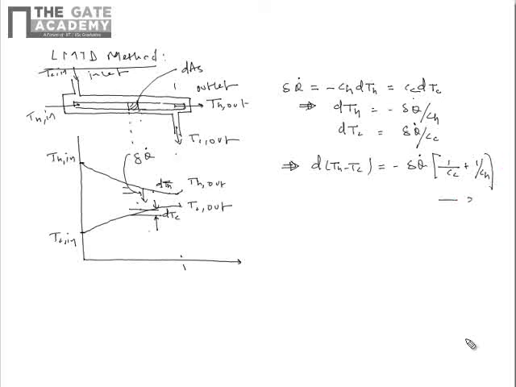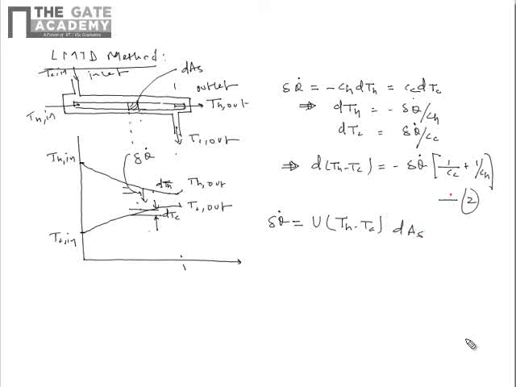Let us say this is equation 2. And we know del Q dot can be given as U (Th minus Tc) dAs.